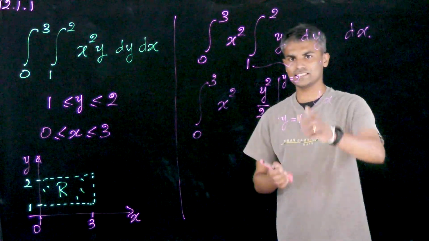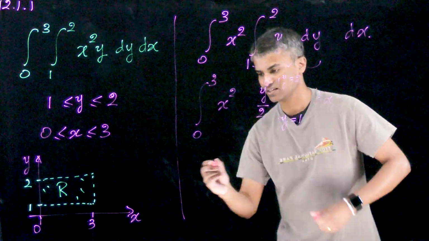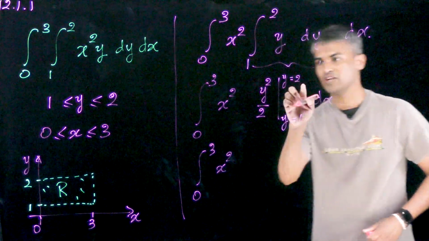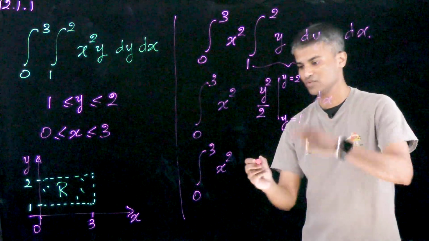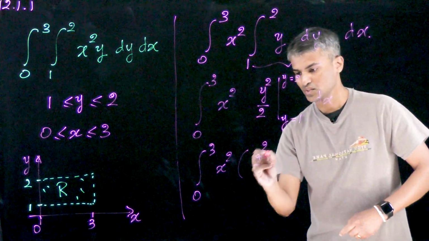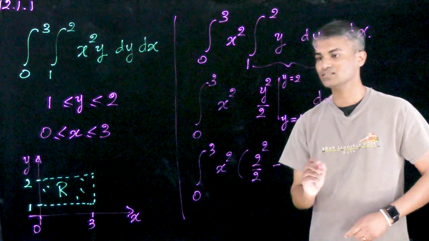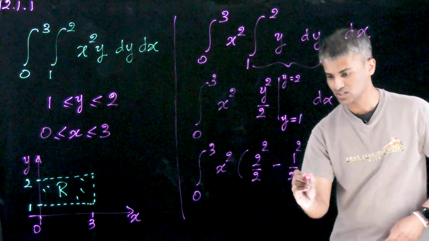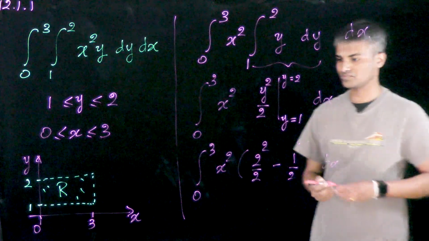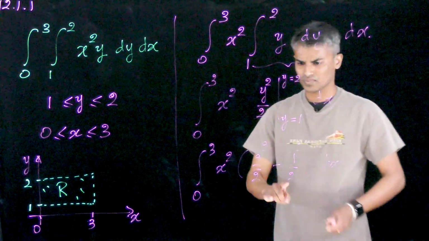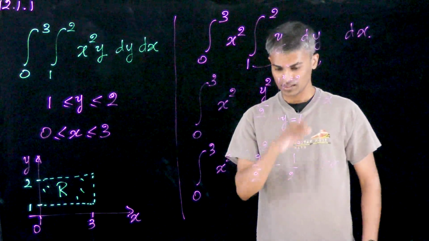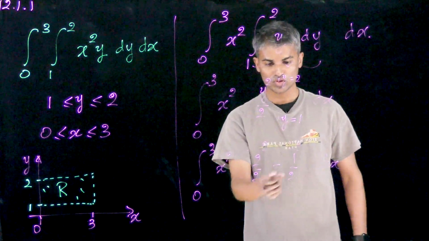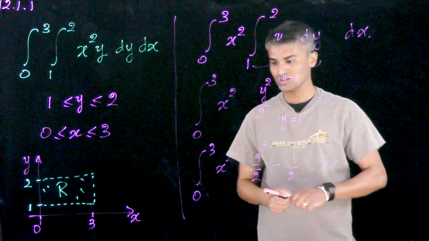Okay, now let us apply the upper limit and the lower limit. If you apply the upper limit, you will get 2 squared over 2 minus the lower limit, which is 1 squared over 2 dx. Okay. Now if you simplify this, you will get 2 squared is 4, 4 over 2 is 2, 2 minus 1/2 is 3/2.